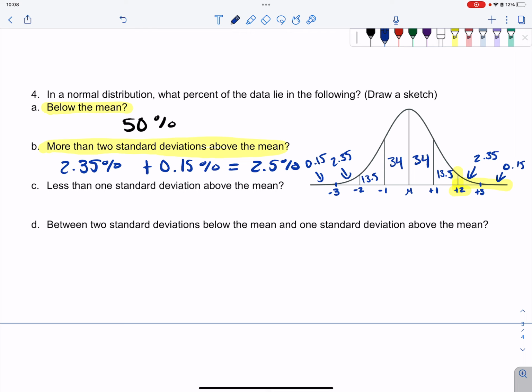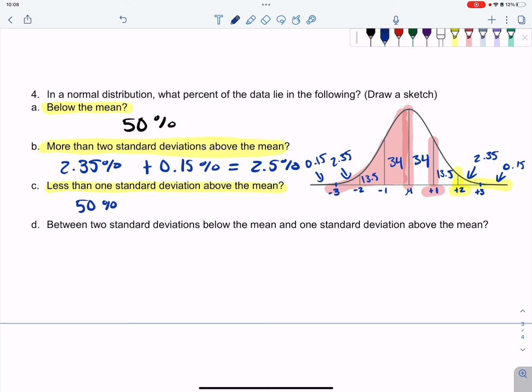Next one, we want to know what percent is less than 1 standard deviation above the mean. So now we can go to our +1 above the mean, and we want to know what percent is less than that. We already know that 50% is below the mean, so this region here is 50%.